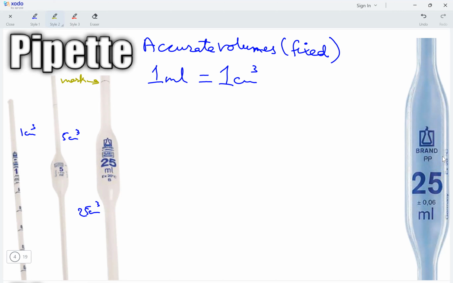Now on the pipette on the right we have a value written as plus minus 0.06. This is the error of a pipette, and the error of a 25 cm cube pipette is fixed, and so is the volume.